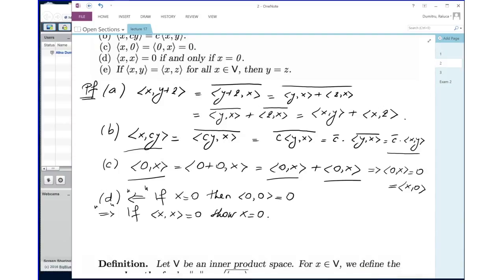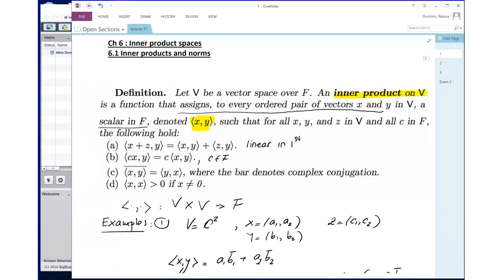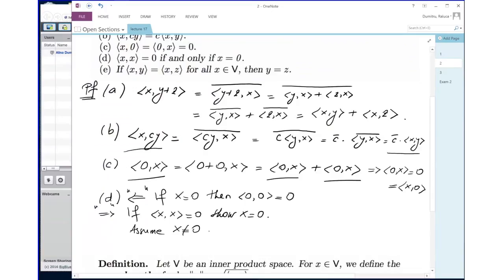Now, in order to prove this, all I need to do is to say, assume to the contrary that x is not 0. Because if I go back to the definition, when x is not 0, the inner product between x and itself is strictly positive.